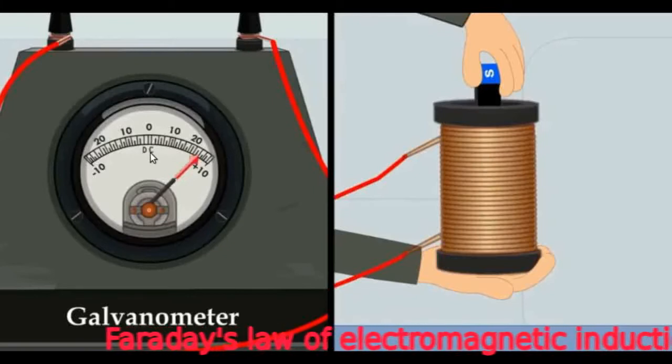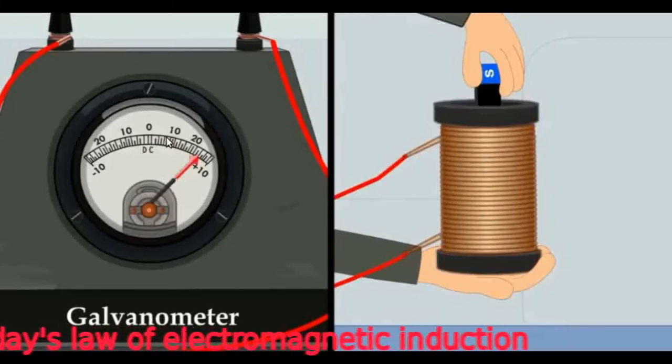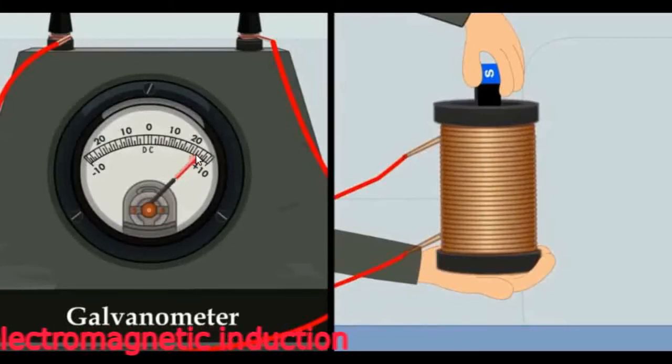Here again we can see that there is a deflection when the bar magnet is coming into the coil. And when it reaches the maximum depth inside the coil, or when the bar magnet becomes stationary inside the coil, this deflection stops and the needle goes back to the zero reading.